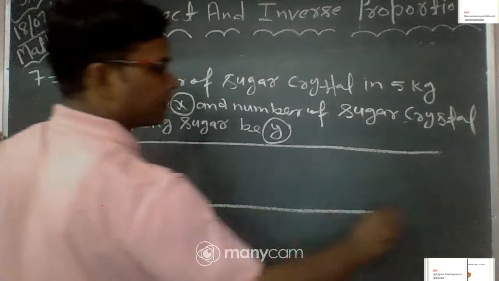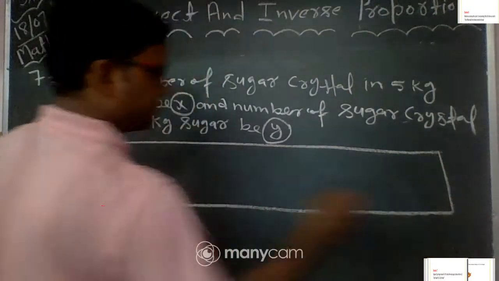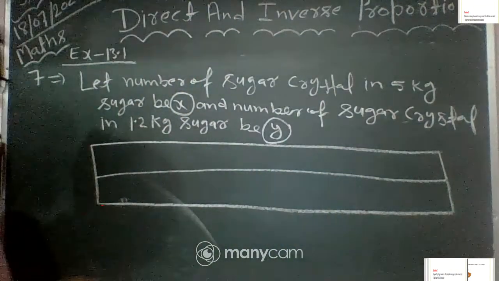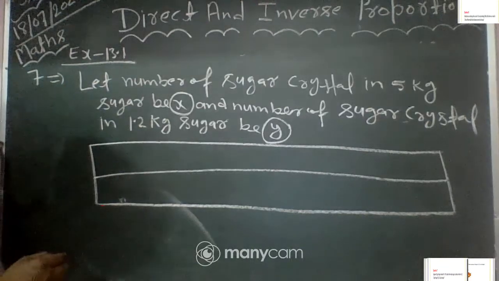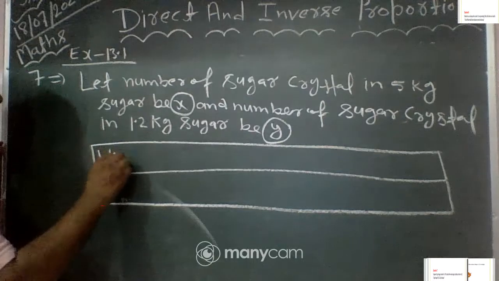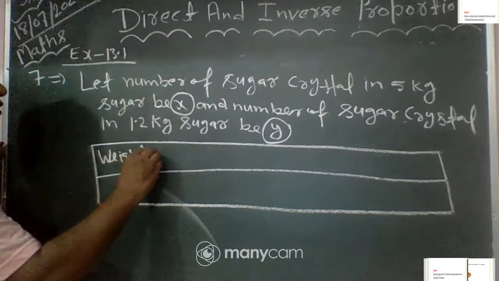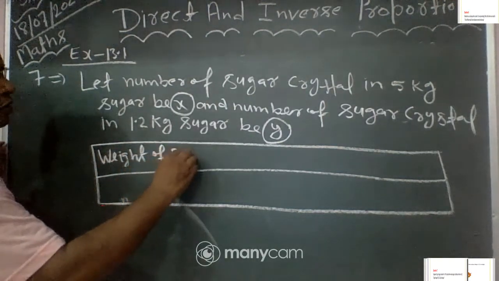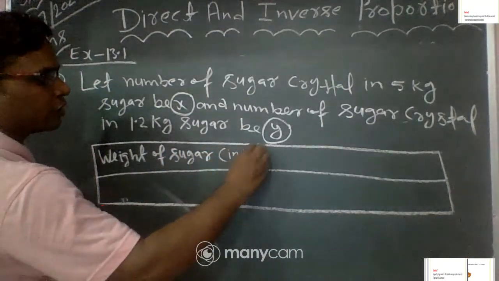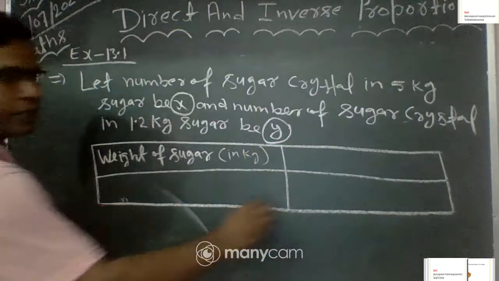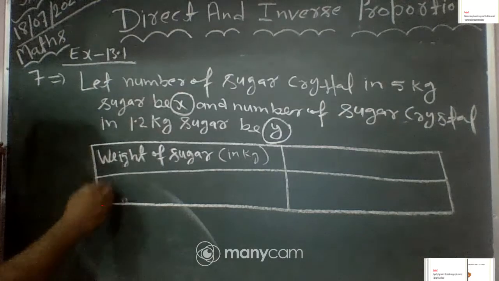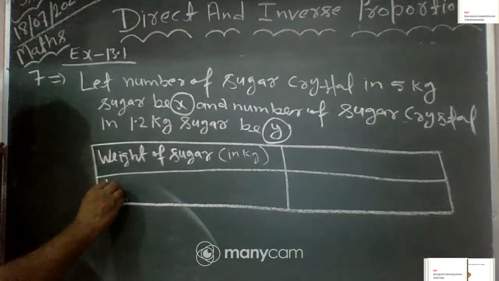Now we make this table. We write first the weight of sugar in kg, next the number of sugar crystals.